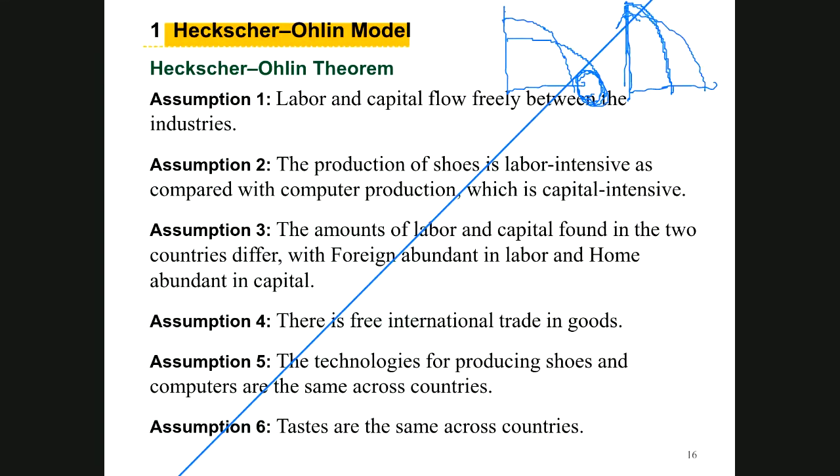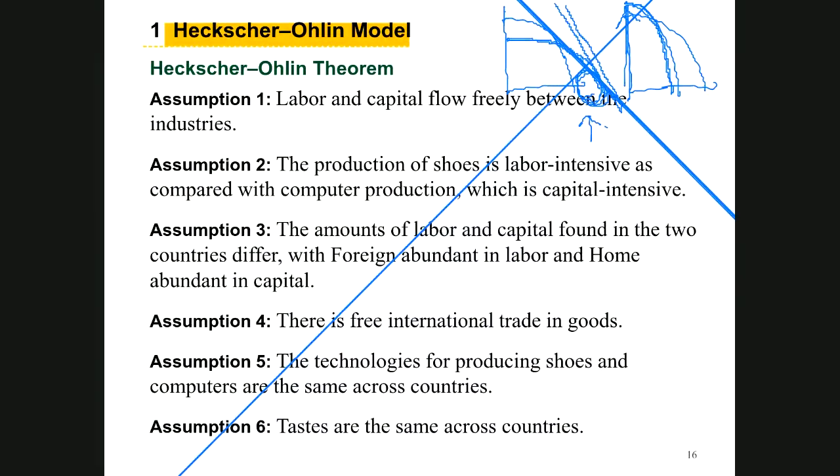Because their PPFs have different shapes, the labor abundant country is more likely to produce more of the labor intensive good.